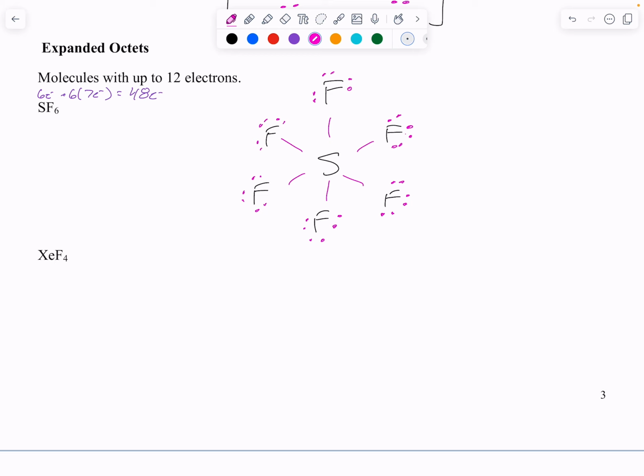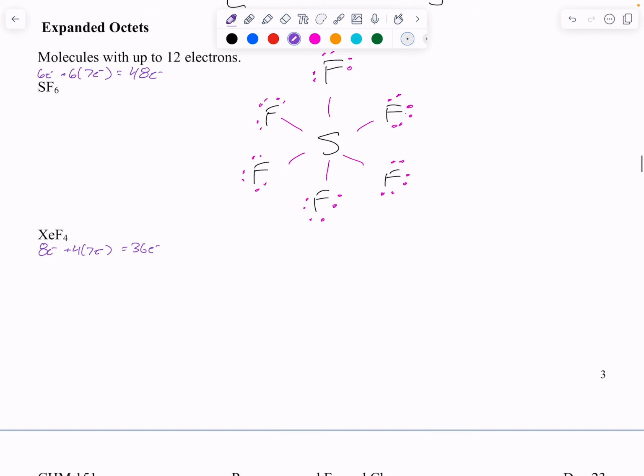Xenon tetrafluoride, another one. I have 8 electrons plus 4 times 7 electrons, so that's 36 electrons. We bond 2, 4, 6, 8, 10, 12, 14, 16, 18, 20, 22, 24, 26, 28, 30, 32.